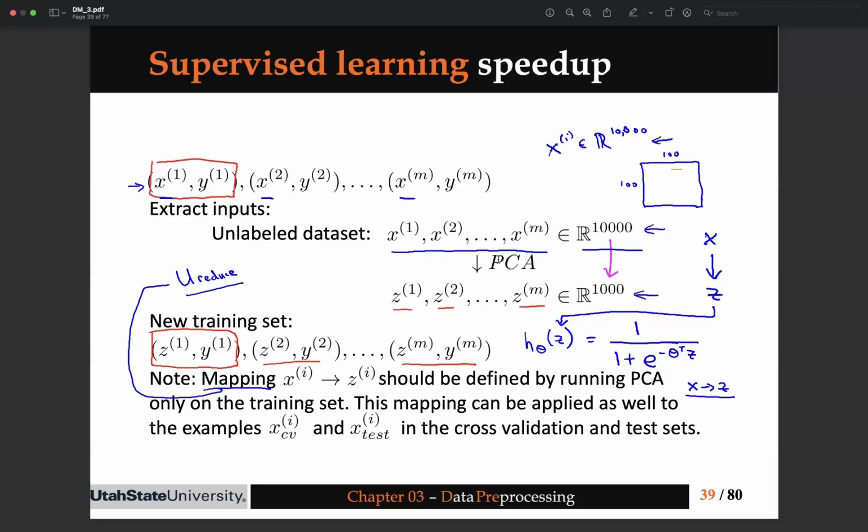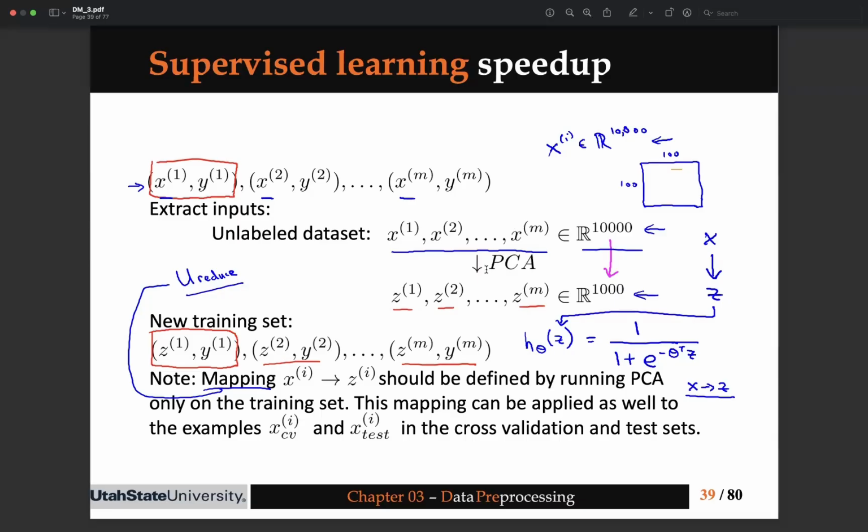Since PCA is an unsupervised learning process, I just need to feed it the X's. I don't have to tell the algorithm about the Y, which is the label or class of those images, which could be a representation of, well, this is a dog, or this is a cat, or this is another object embodied inside the image. So the unlabeled data set is being passed to the PCA.